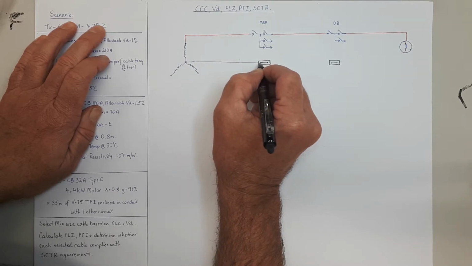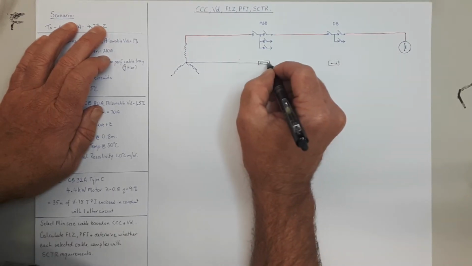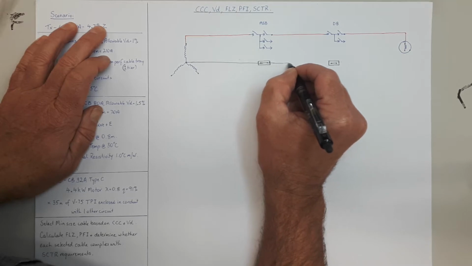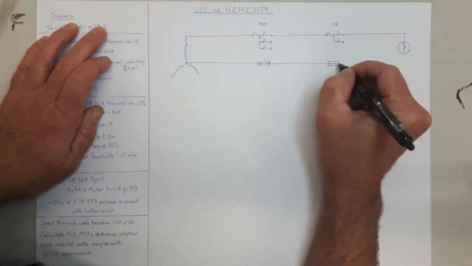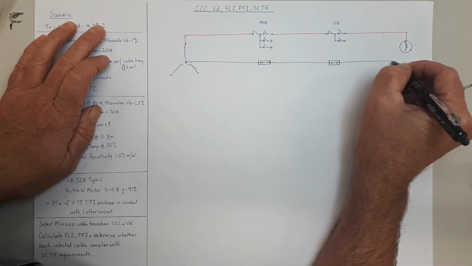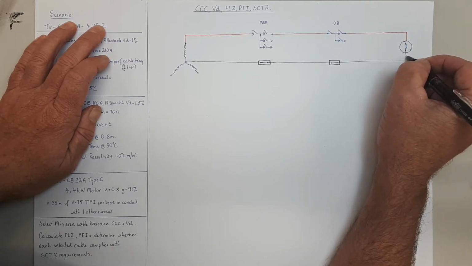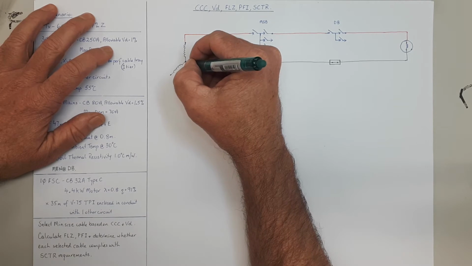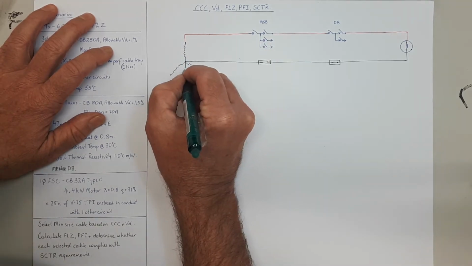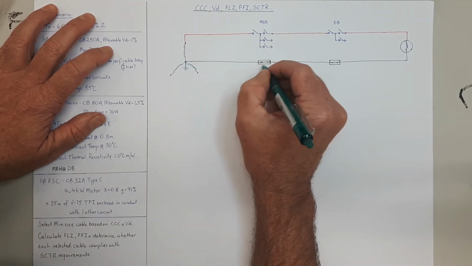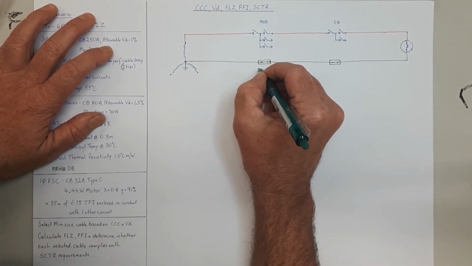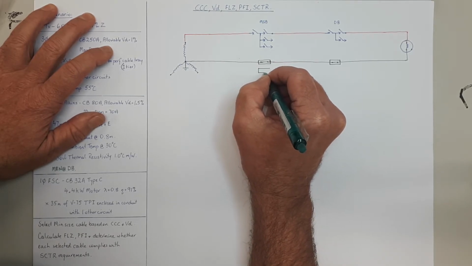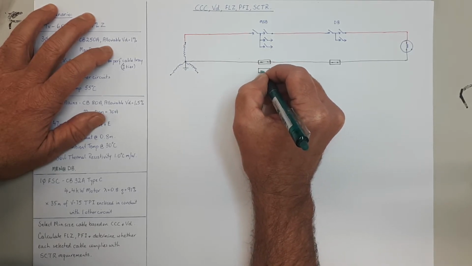So obviously we're running a neutral to the main board and to the sub board, and obviously to the final sub circuit. Now we've got to put some earths in. Now, as we've done in previous videos on fault loop impedance, we're just showing the earth here.